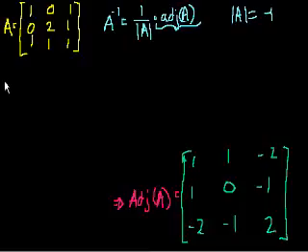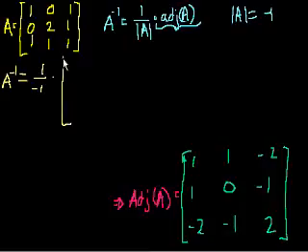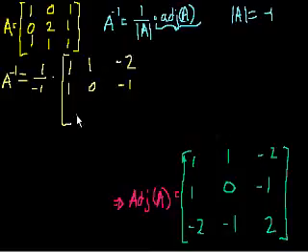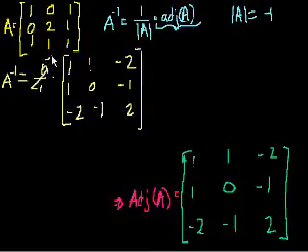So, the inverse of A is equal to 1 over the determinant. We figured out the determinant is -1, times the adjugate of A: 1, 1, minus 2; 1, 0, -1; -2, -1, 2. So this is just -1, right? So we just apply -1 times everything.